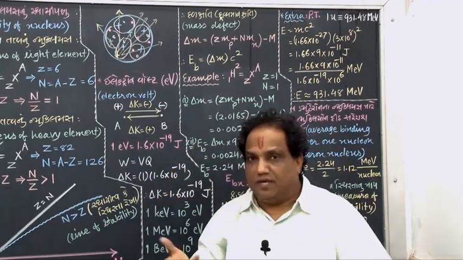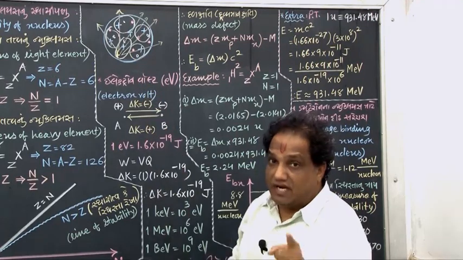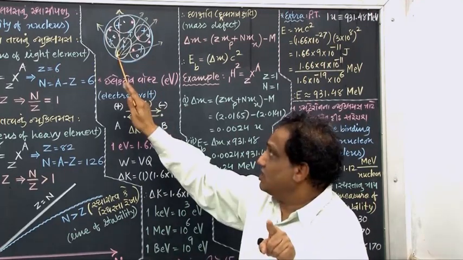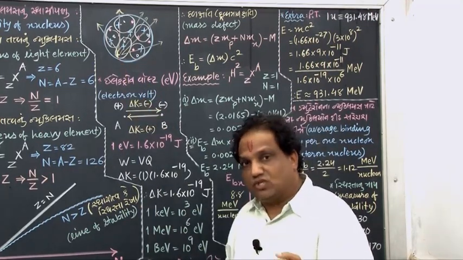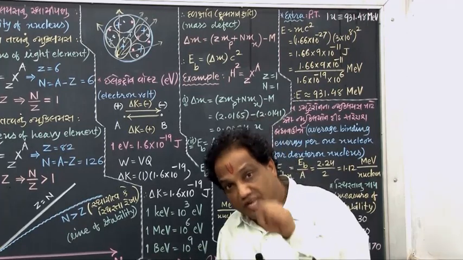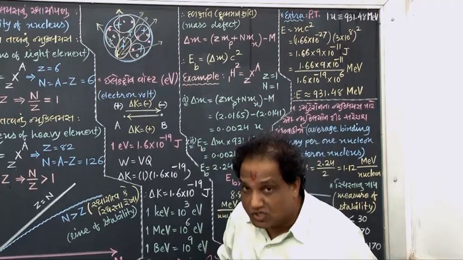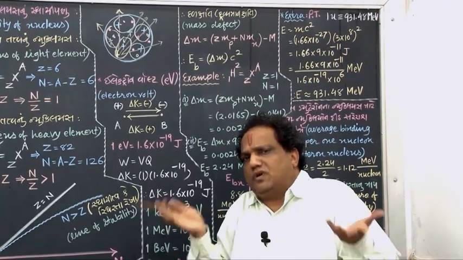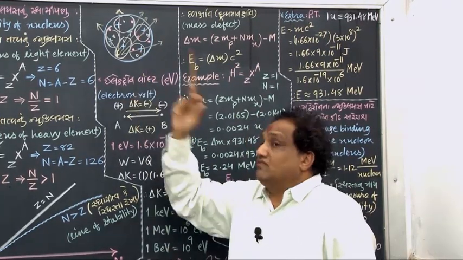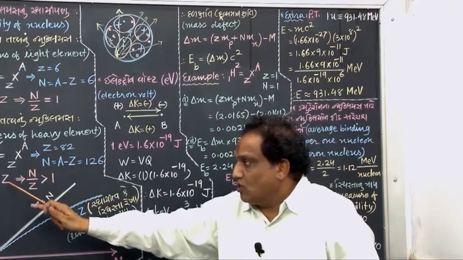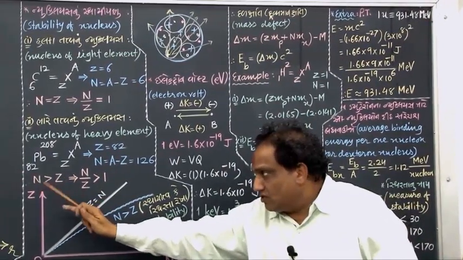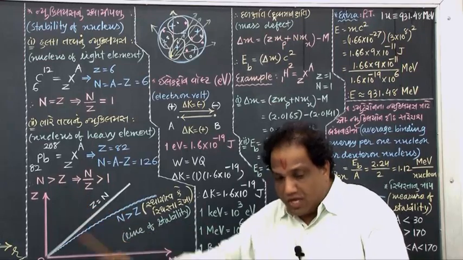Correct? Tell me, whatever instability was caused by the addition of 1 proton, just to have the same stability once again, we need to add more than 1 neutron. So in this process, you can see the number of neutrons will be greater than the number of protons.